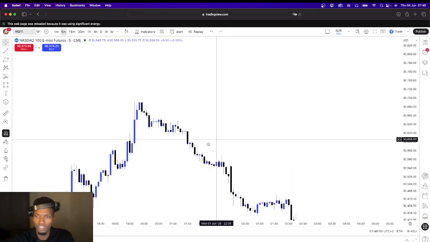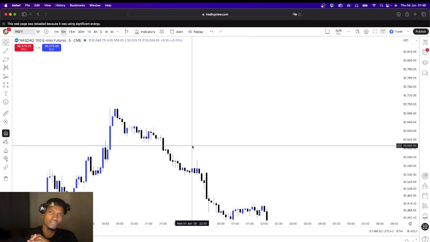And as I mentioned, inverse fair value gaps can be an early signal that we are about to change a trend. With fair value gaps, we expect the market to come back to fill that gap, then move upward to continue with the current order flow, right? So that's what fair value gaps and inverse fair value gaps are.